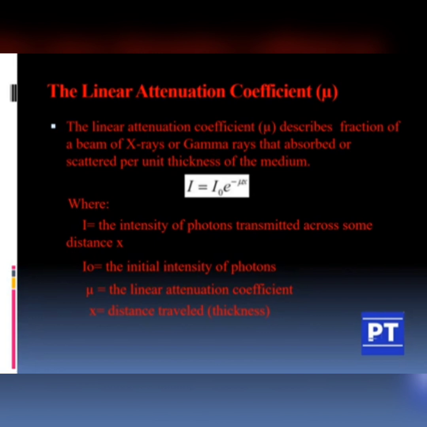The linear attenuation coefficient mu describes the fraction of a beam of X-rays or gamma rays that is absorbed or scattered per unit thickness of a medium.